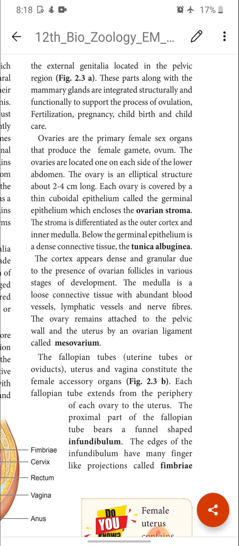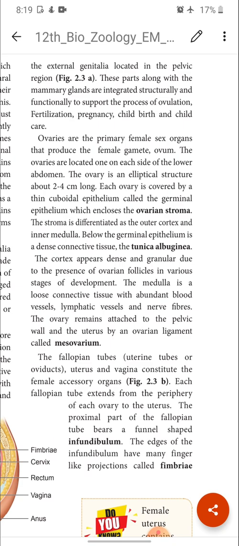So children, what are the major parts of the female reproductive system? A pair of ovaries, fallopian tubes, uterus, vagina, cervix, along with the mammary glands, take part in supporting the process of ovulation, fertilization, pregnancy, childbirth and childcare.